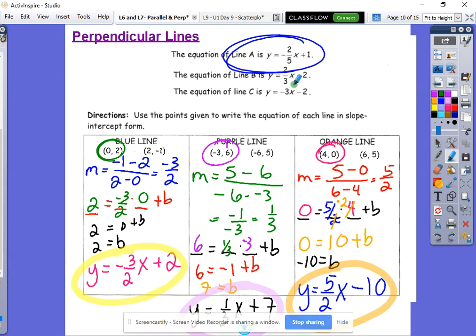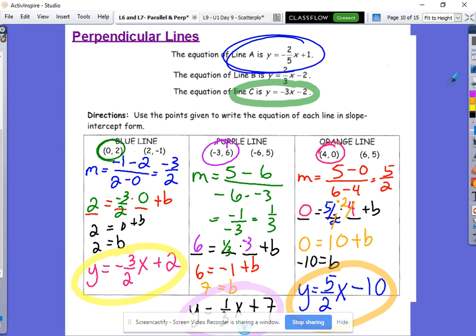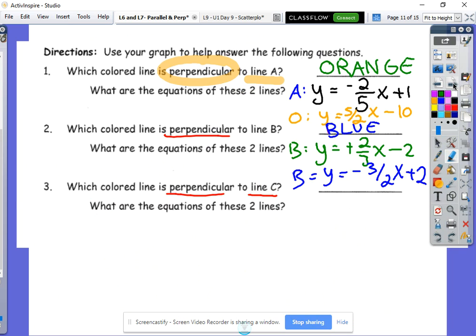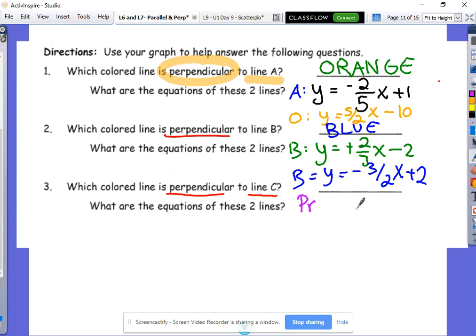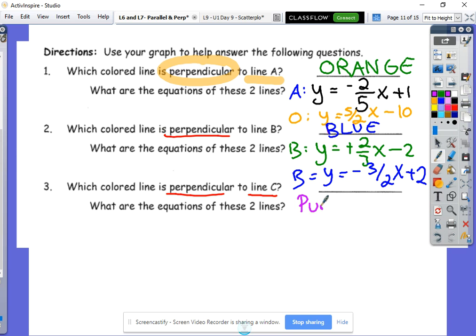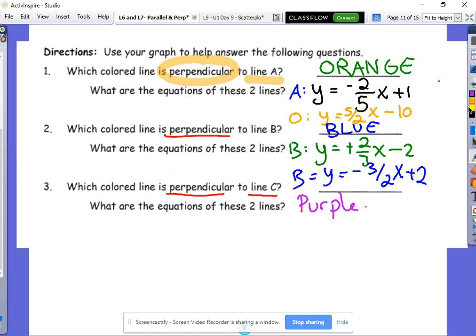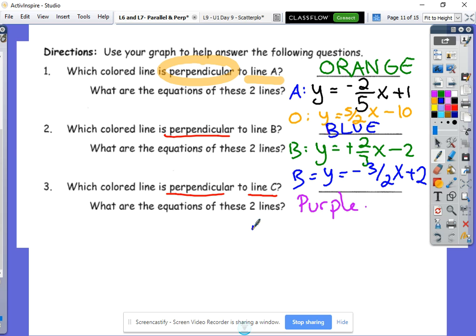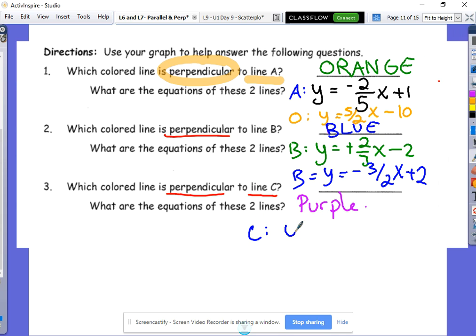So line C was y equals negative 3x minus 2. Let's write that down. Our purple line is perpendicular. And the equation there was, line C was y equals negative 3x minus 2, I believe it was.